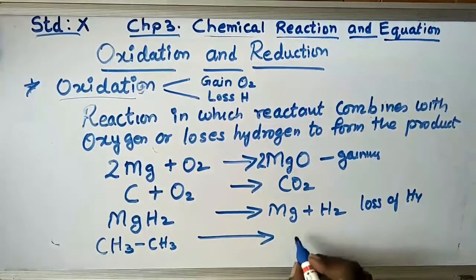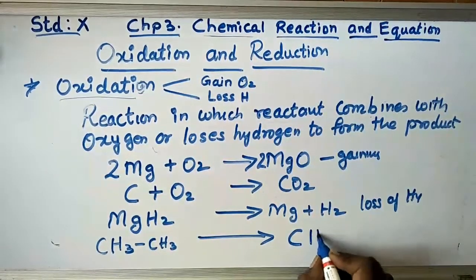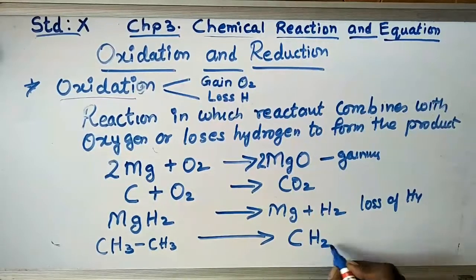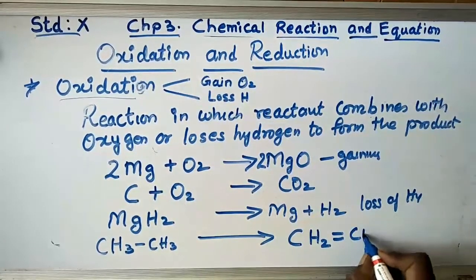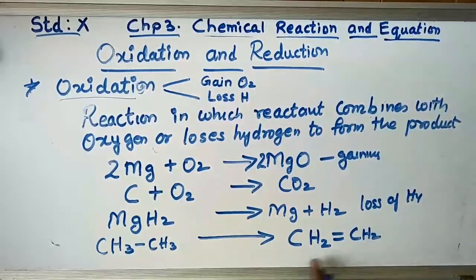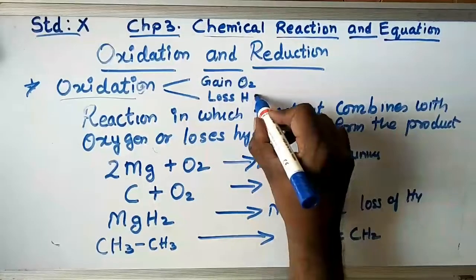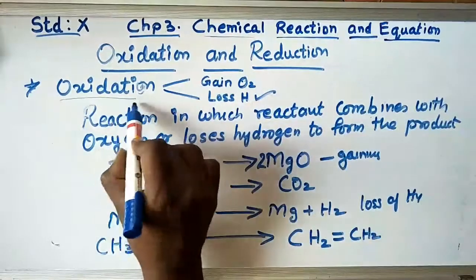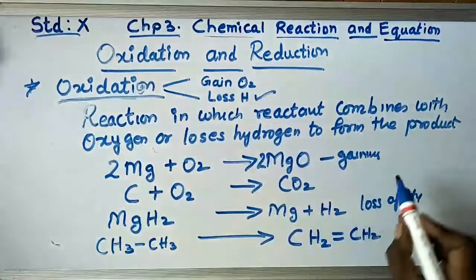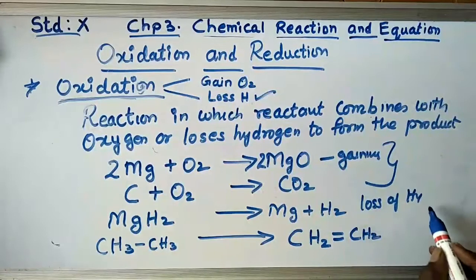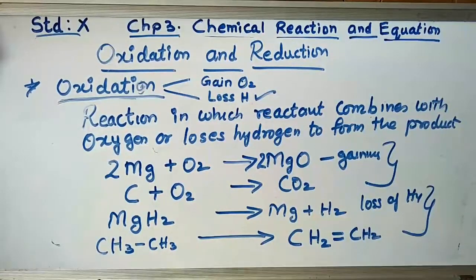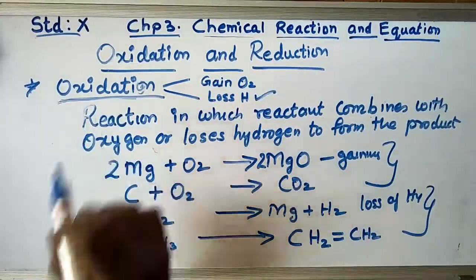So now what I will do, from each carbon I took 1 hydrogen, put a double bond and took 1 more hydrogen. 2 hydrogens are lost here. That means on the product side, there is a loss of hydrogen, so we call it oxidation. That means if you gain oxygen or lose hydrogen, we call it oxidation.